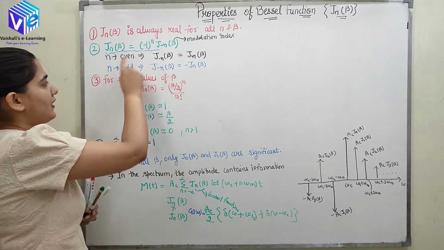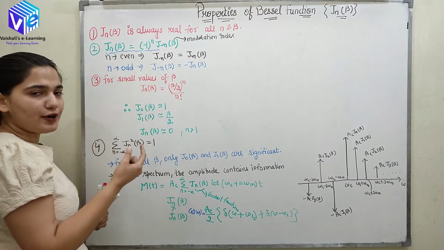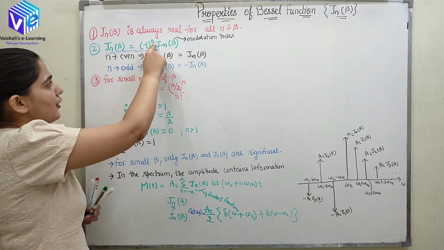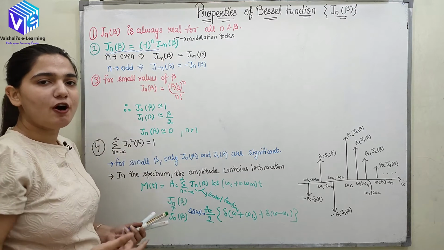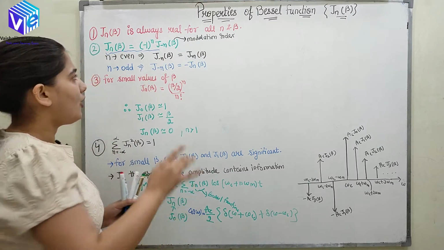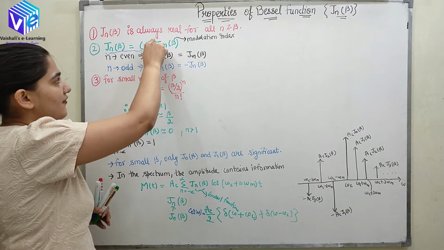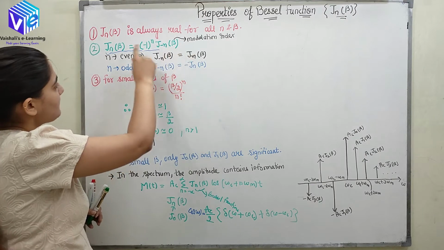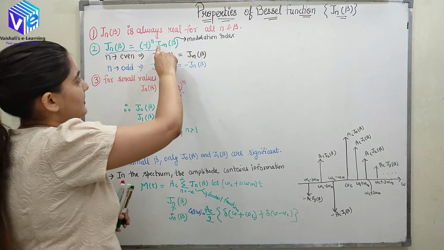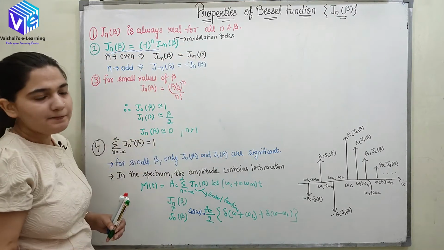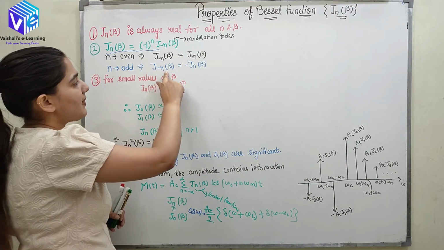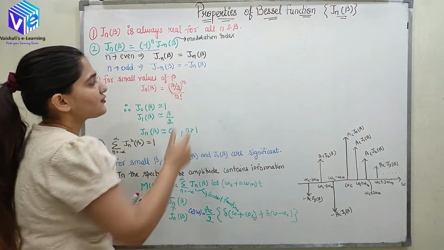Now for odd n, I'll put this power to be odd. When the power is odd, minus 1 to the power odd would be minus 1. So J_n(beta) would be minus of J_minus n(beta), or I can write J_minus n(beta) is equal to minus of J_n(beta).